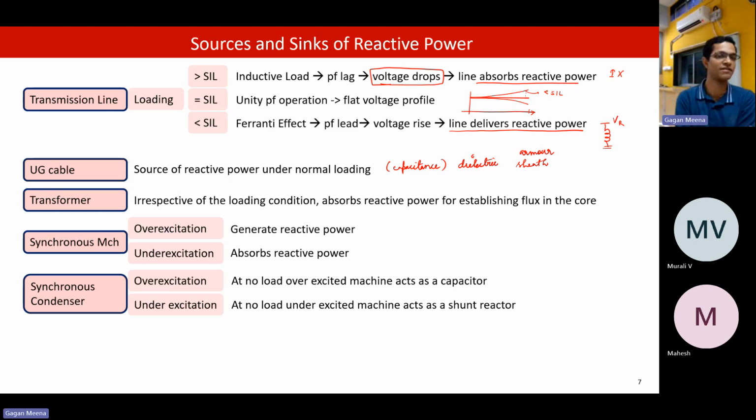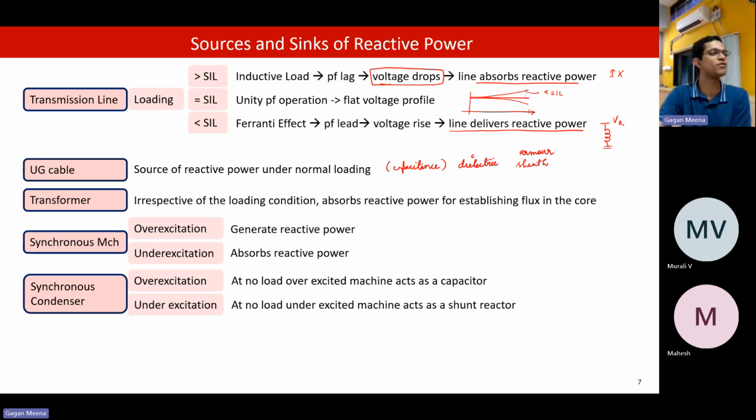Otherwise, we were already having switched capacitor banks or shunt reactors. But if we use only capacitance, then it will only work as a capacitor. The shunt reactor will only perform the work of absorbing the reactive power. But here it can do both.